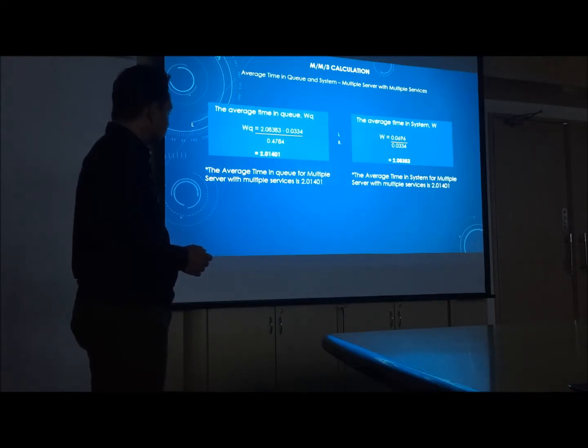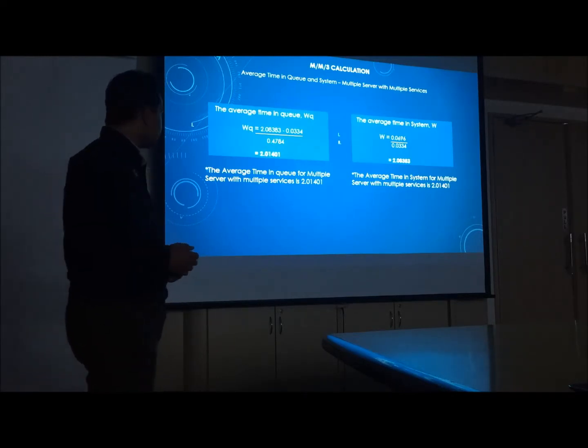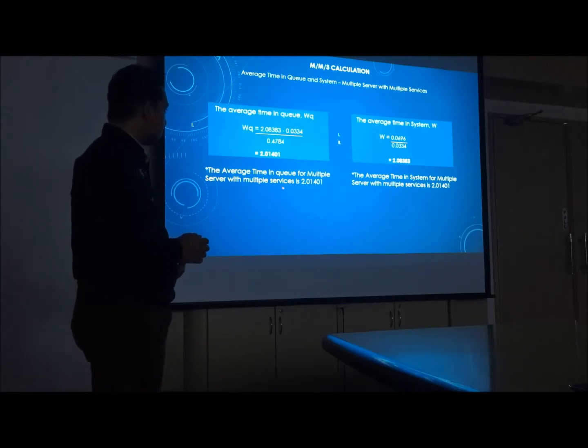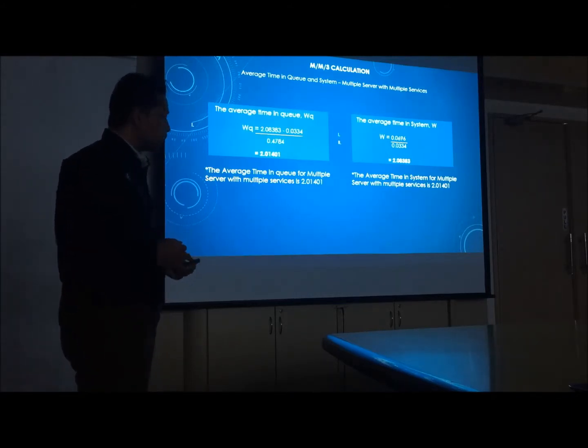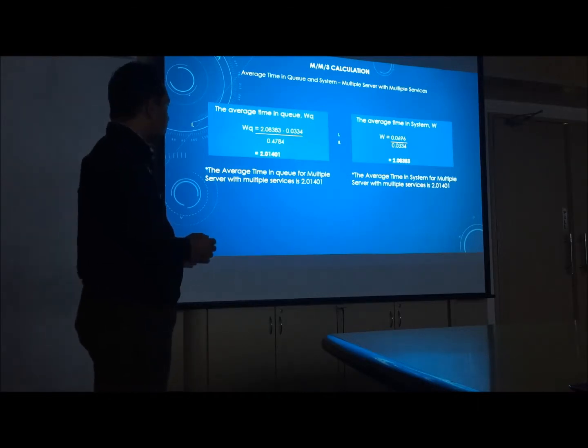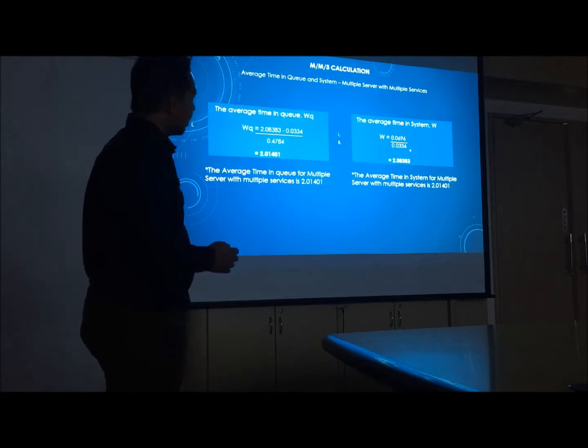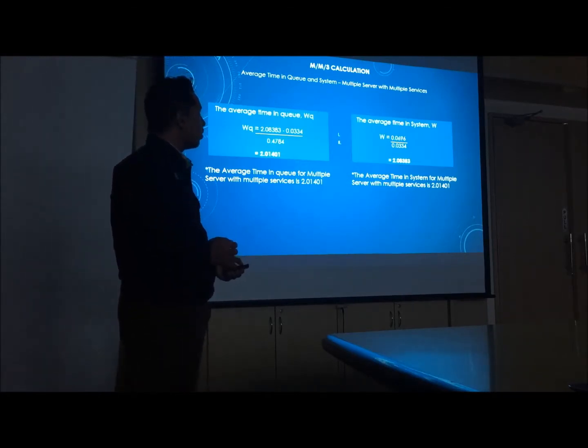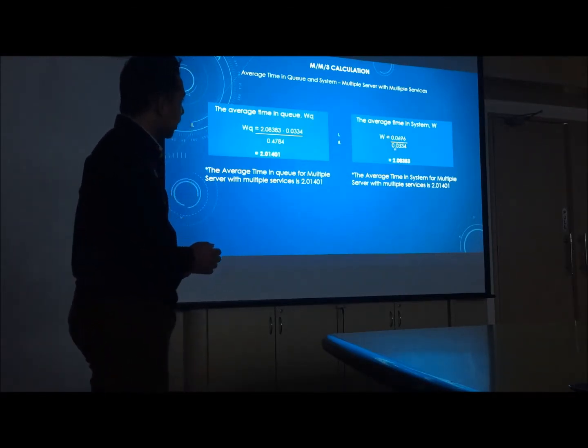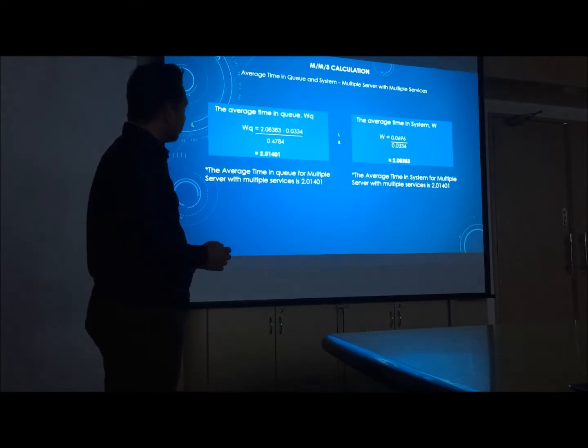We get the value 2.01401. So the average time in queue for multiple servers is 2.01401.